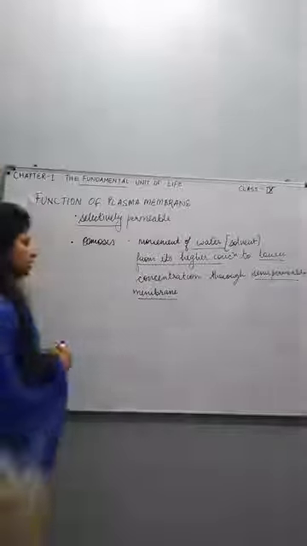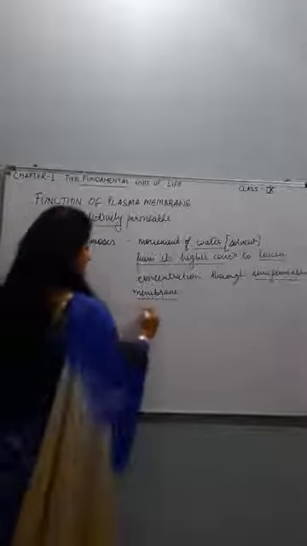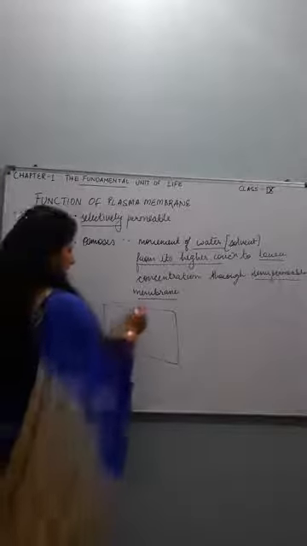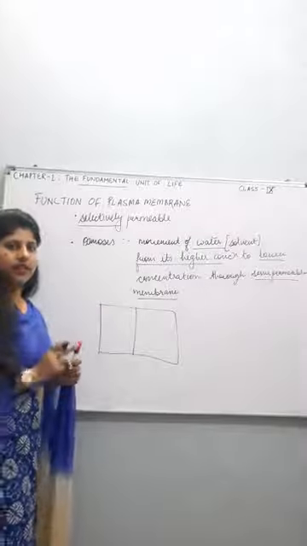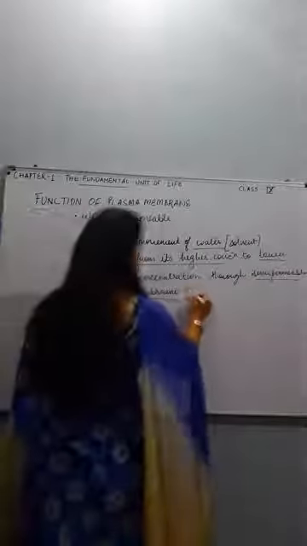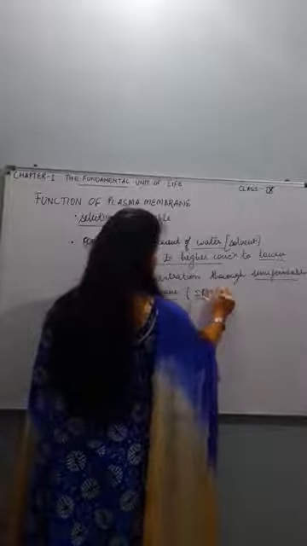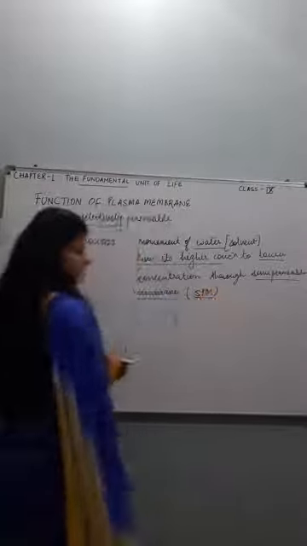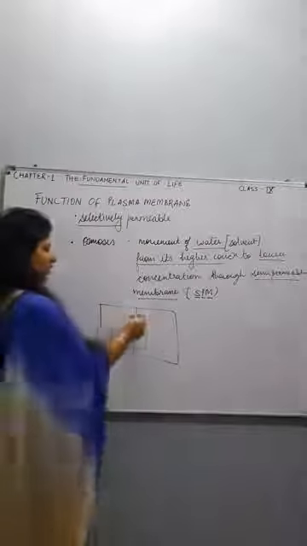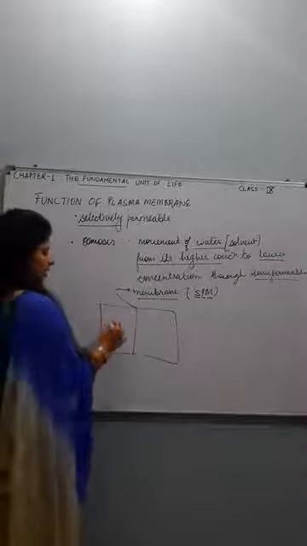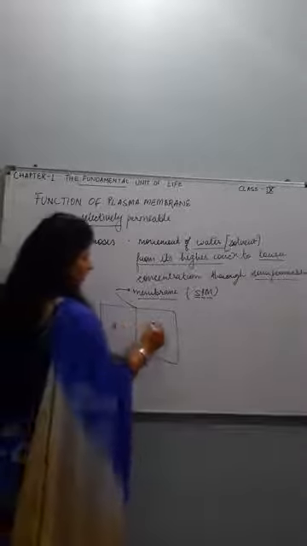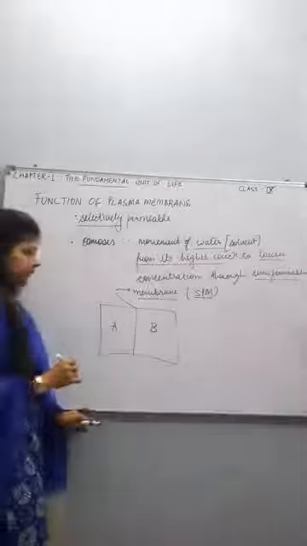So in osmosis, let's say these are 2 compartments, and it is being divided with the help of one SPM. We can call it SPM, that is semi-permeable membrane. Here is one solution, and here the second solution is there.